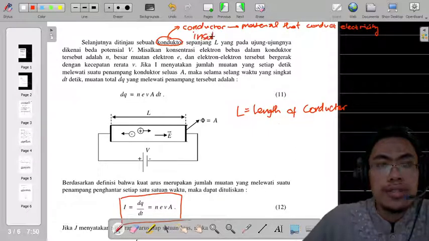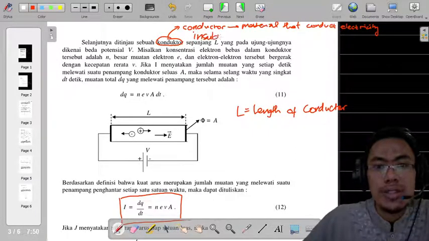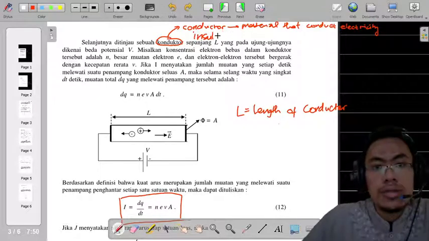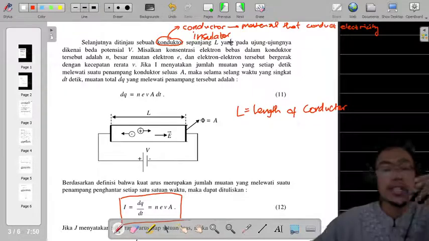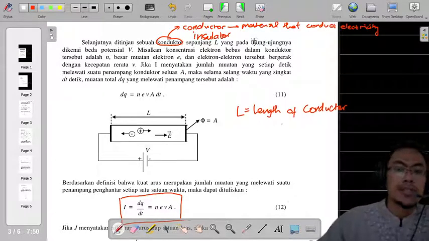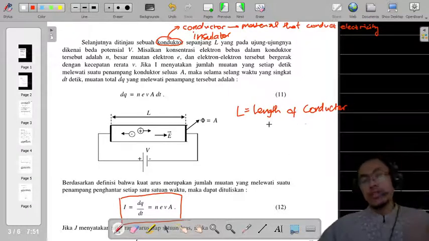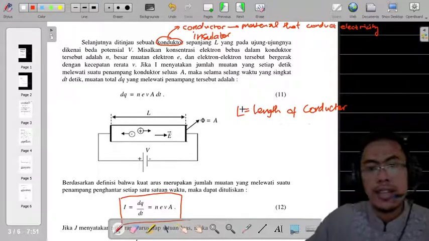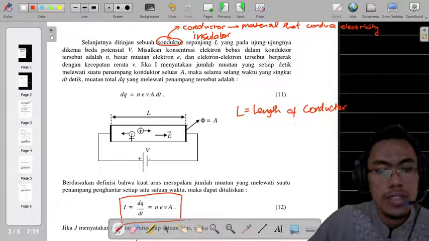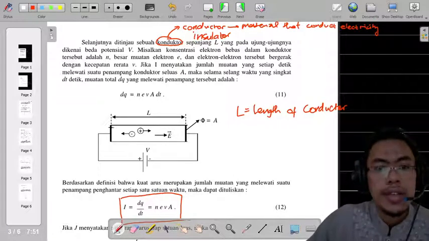It is not inductor but insulator, so it will inhibit the electric current. Okay, so let's continue. The L is the length of the conductor. So this one is the conductor, and the length is L.